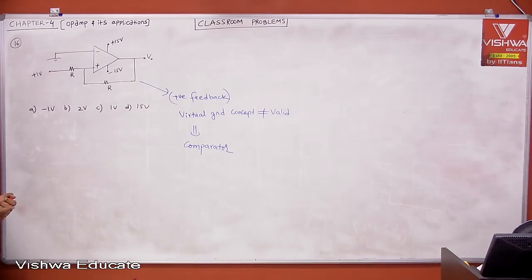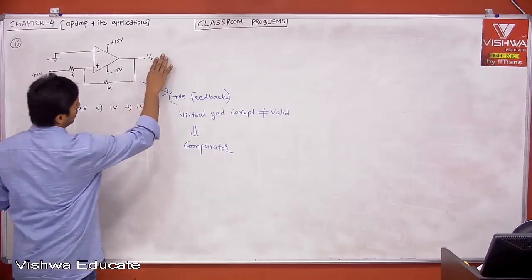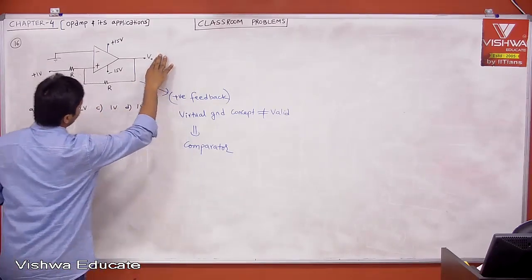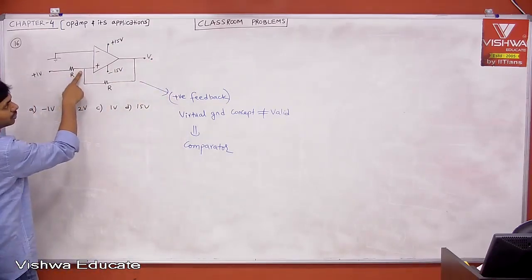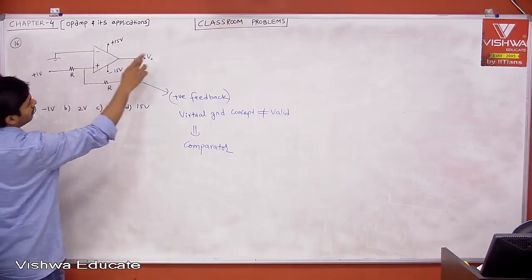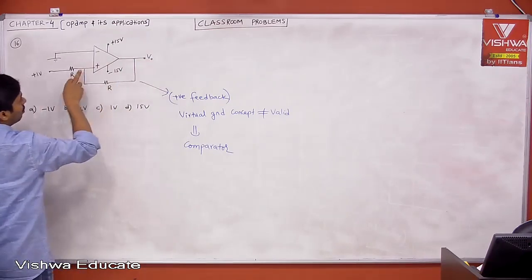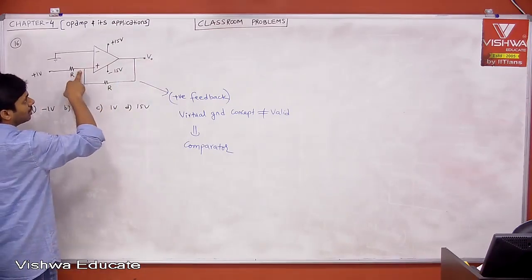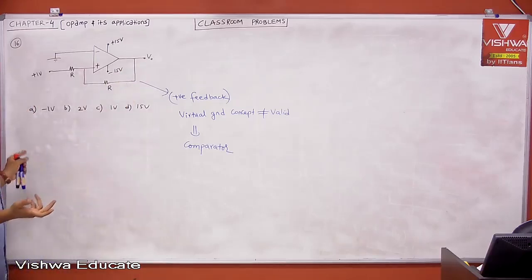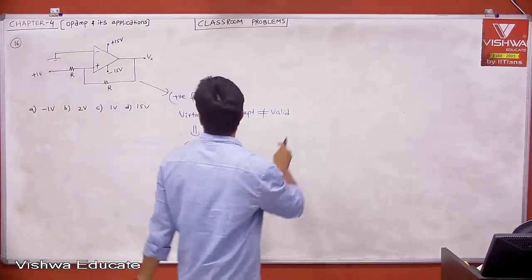That we don't know. If you start with plus 15, we need to find the voltage here. If you start with minus 15, you need to find the voltage here. Therefore, let us start with output voltage plus 15.